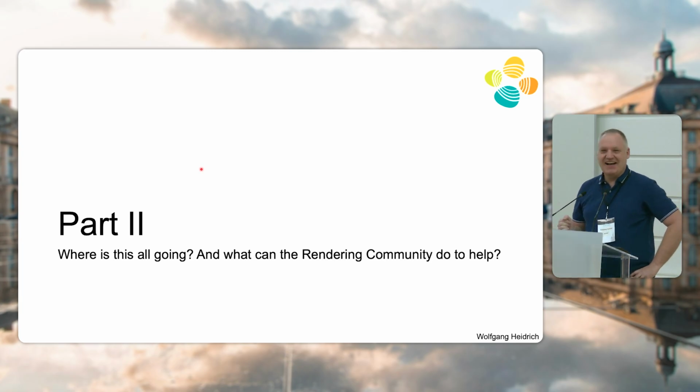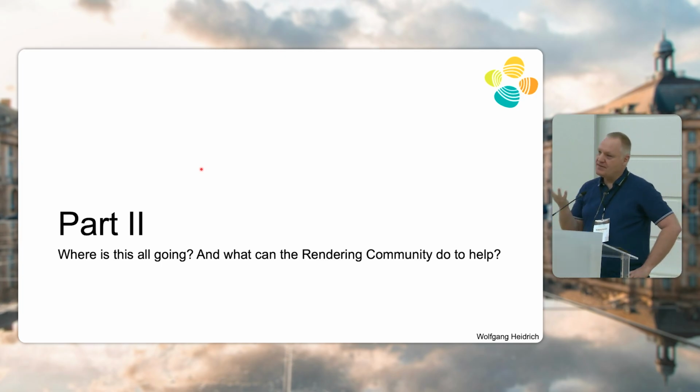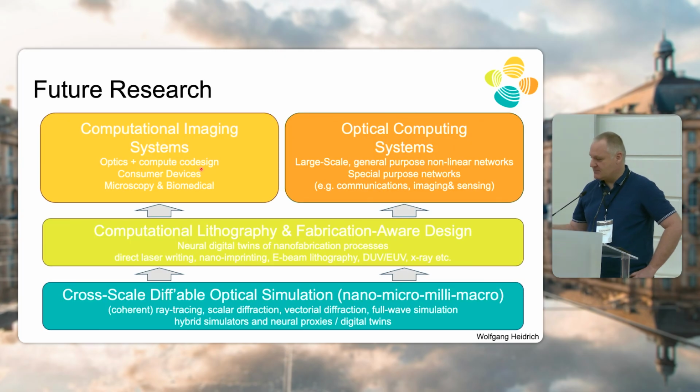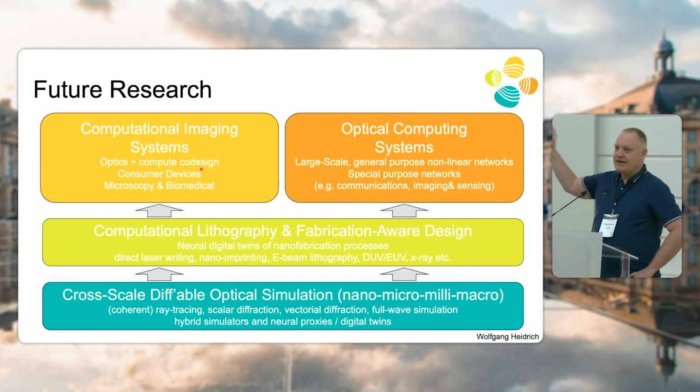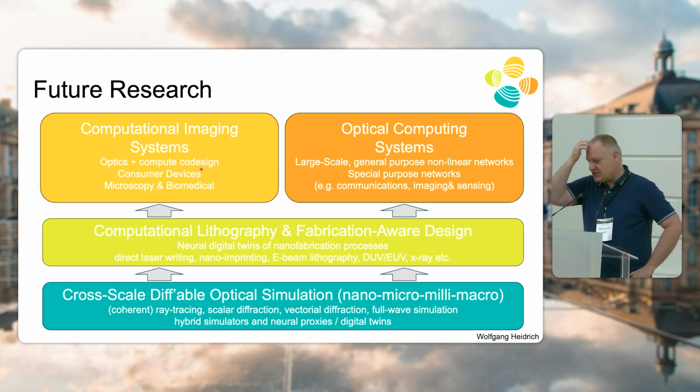Okay, so let me tell you a little bit about where my research is going and where I think that maybe the rendering community can help out with some computational light transport problems that really need to be solved if we want to have this scale to the max. Here's a mental diagram of how I think about my research agenda these days.